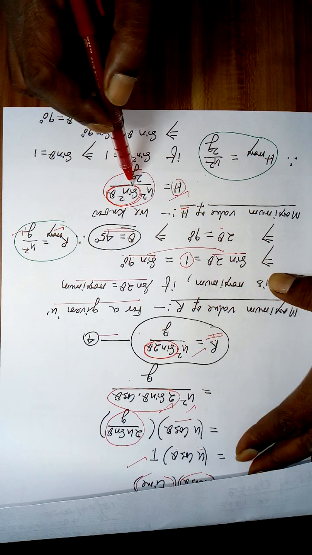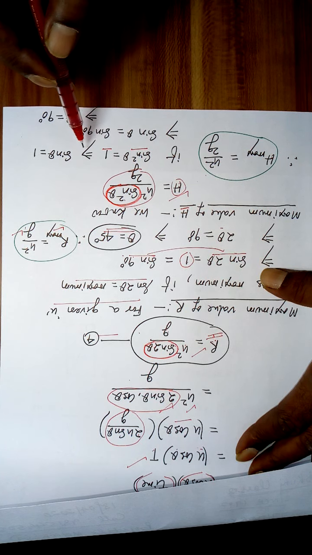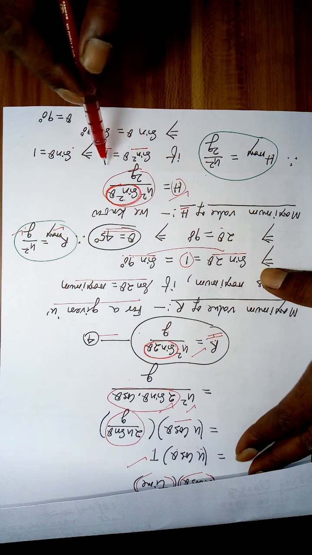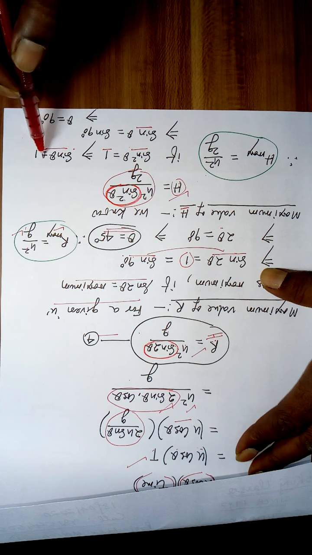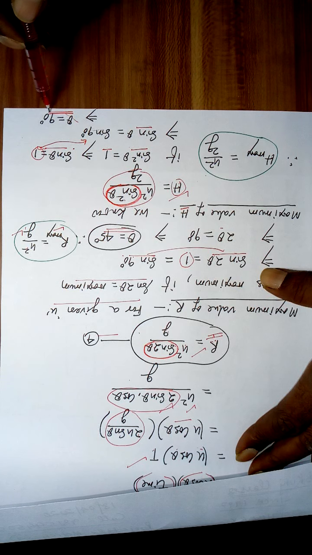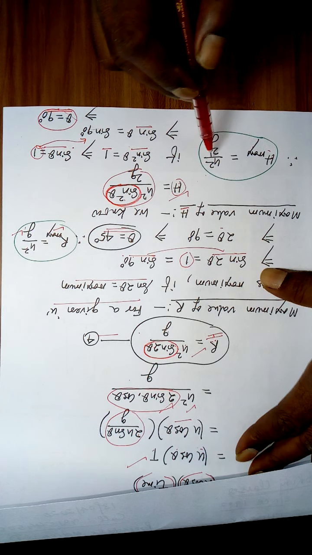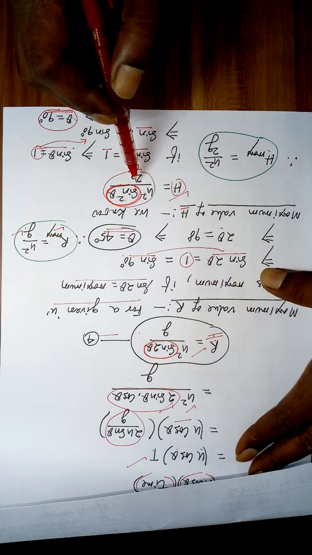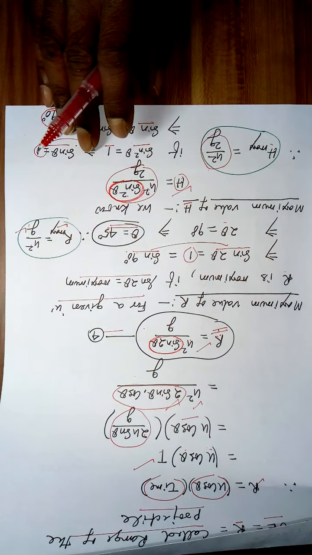The maximum value of sine square theta is 1. Taking the square root on both sides, sine theta is 1, which is the same as sine 90. So theta is equal to 90 degrees. It means if you throw a projectile at 90 degrees, then h will be maximum. So put 1 here, 1 into u square over 2g. This is your h maximum.